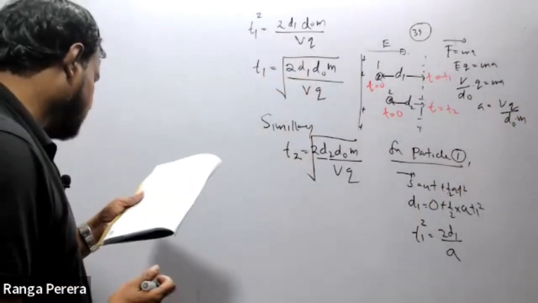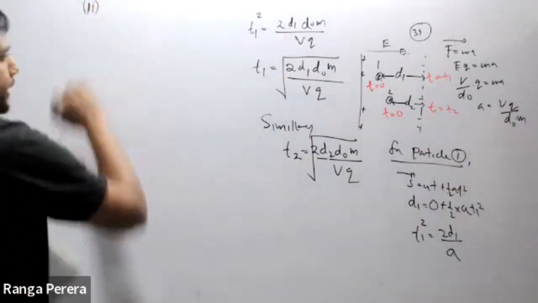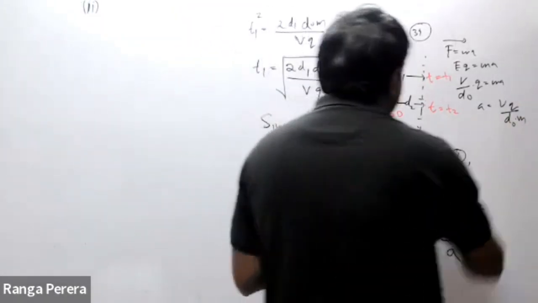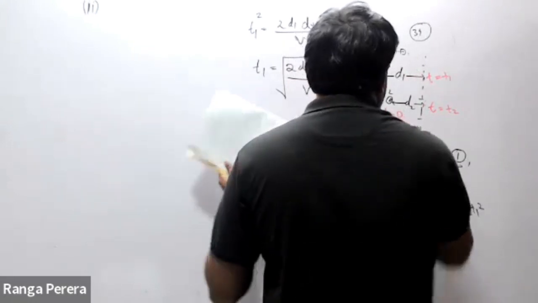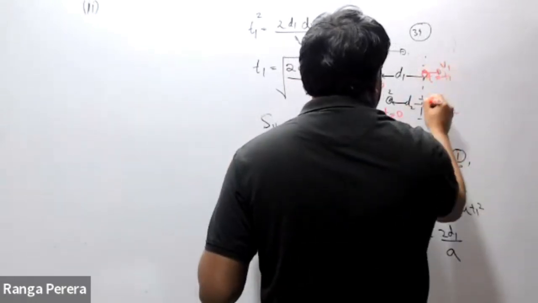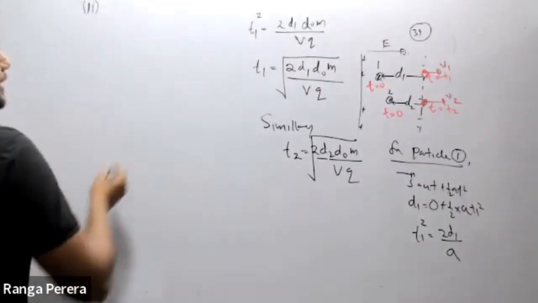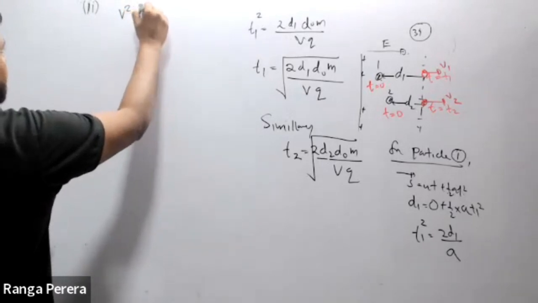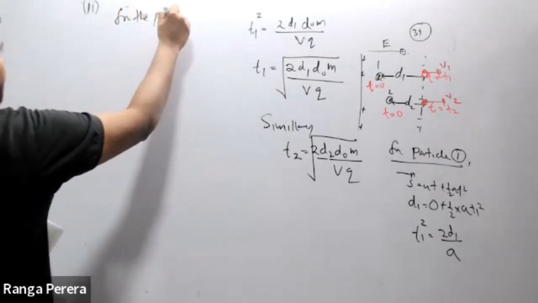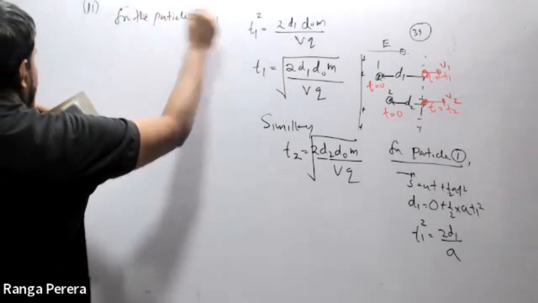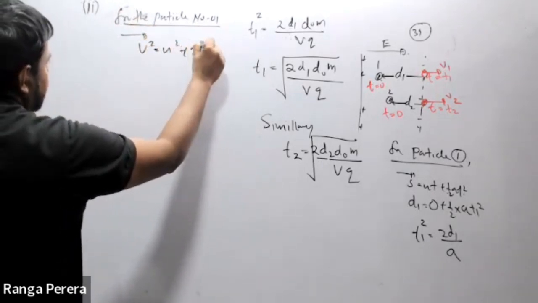Next they ask us to calculate the velocities. We can apply this for number 2. Let's say the velocity of this particle is v1 and this is v2. For particle number 1, v squared equals u squared plus 2as.